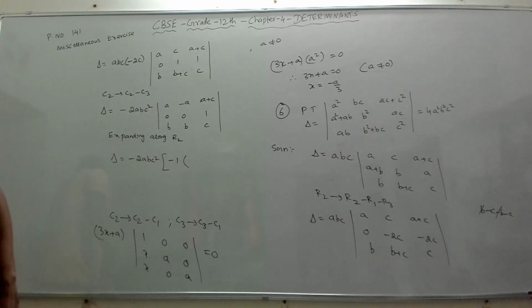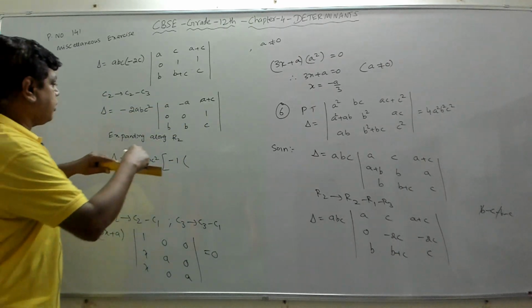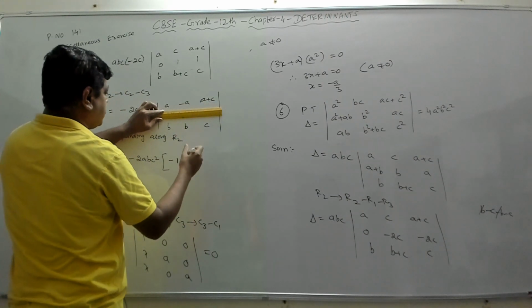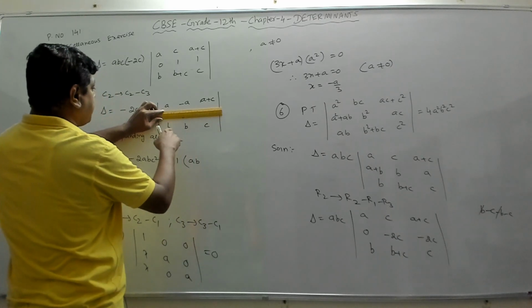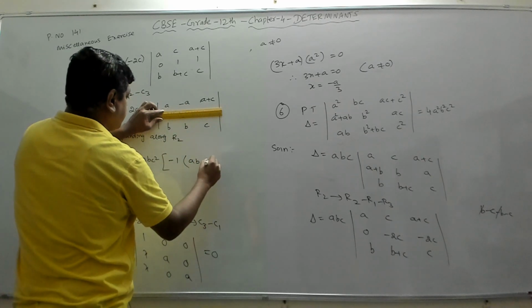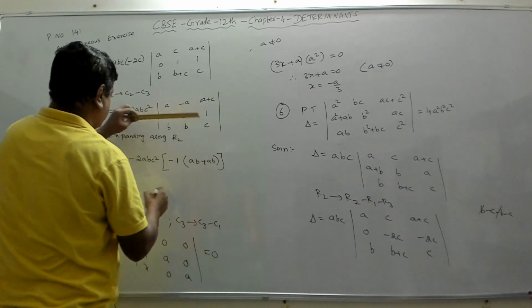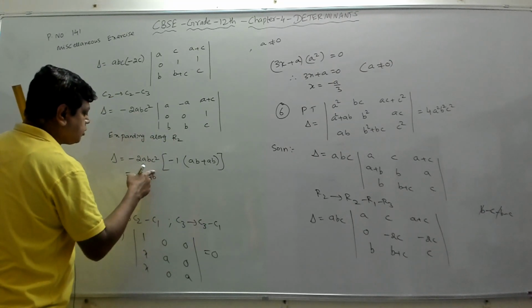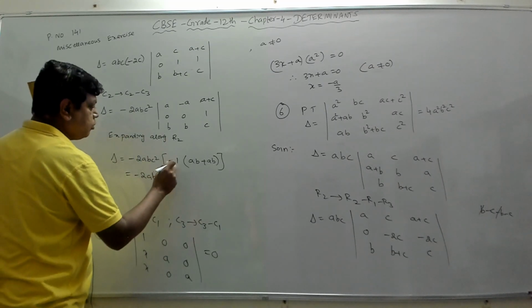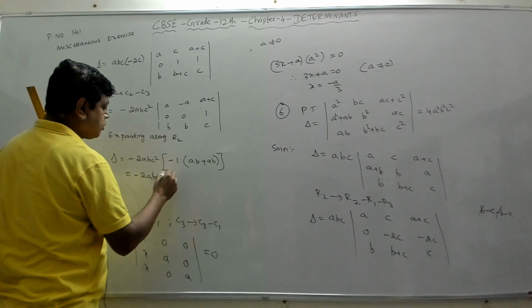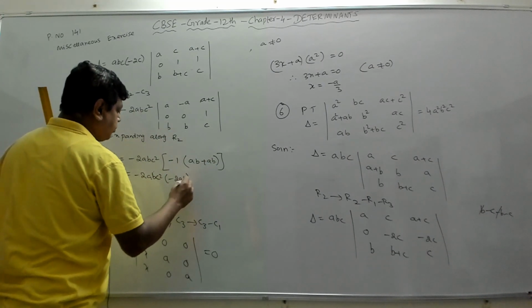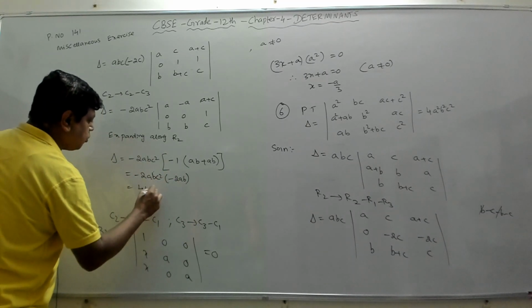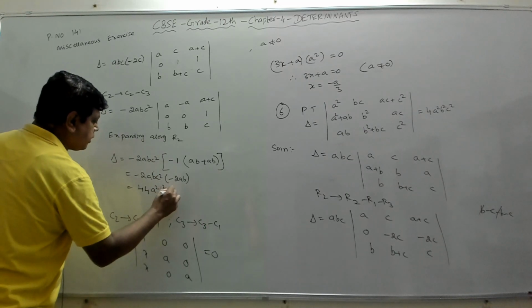I don't have my scale here. Scale is here. So if I close this row and this column, you'll get A into B is AB. Then minus of A into B is plus AB. So finally we get minus 2AB square or BC square into AB is 2AB into minus 1 is minus 2AB. Now if you multiply all, minus and minus plus, 2 times 2 is 4, A square, B square, C square.